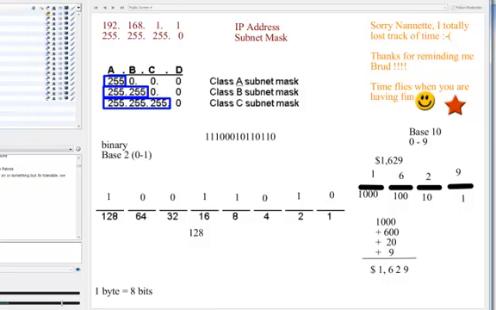Good, that's 16, so that I have to add. 1 times 8? 8. I'm going to add that. 0 times 4? 0. I'm not going to put that in. 1 times 2 is 2. And then 0 times 1 is 0, so I'm not going to add that.